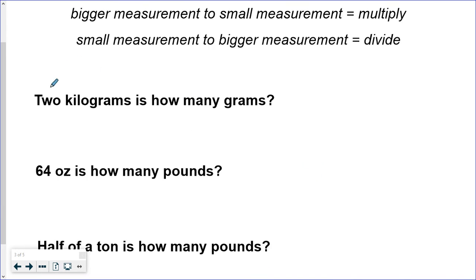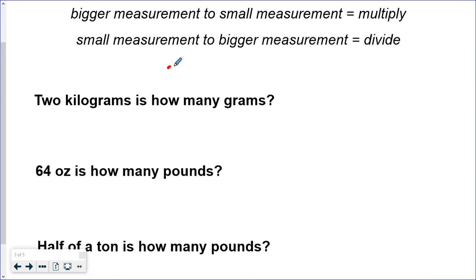Let's say, for example, I have 2 kilograms. 2 kilograms is how many grams? Now, if you remember from the previous slide, there are 1,000 grams inside a kilogram. So I know that kilograms are bigger than grams. So here it looks like I'm going from a bigger measurement to a smaller measurement.